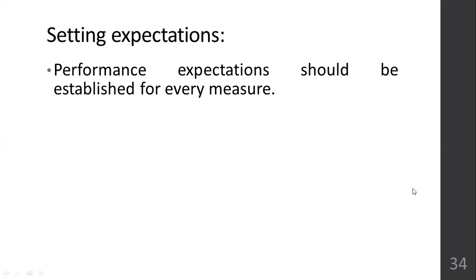Every area of the hospital will have its own performance expectations. Every department will have its own performance expectation in an area where they can do their best. So performance expectation should be established for every measure, every department.